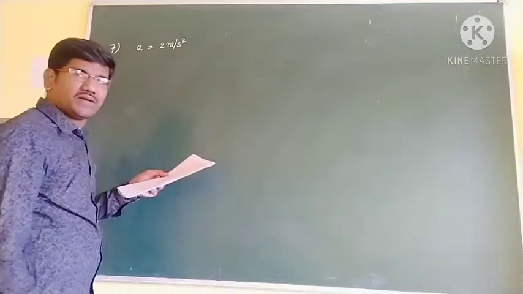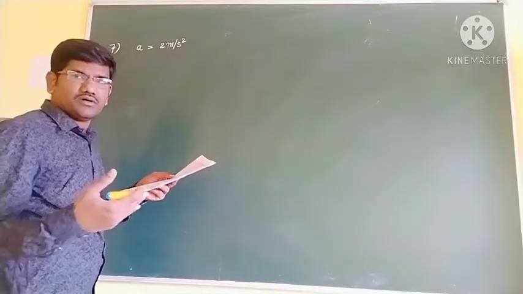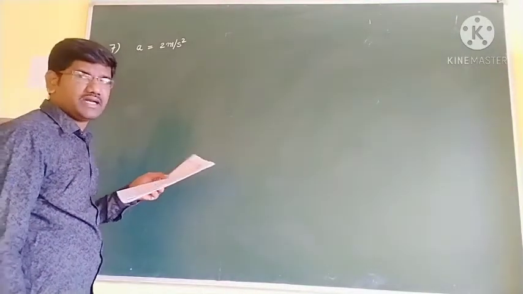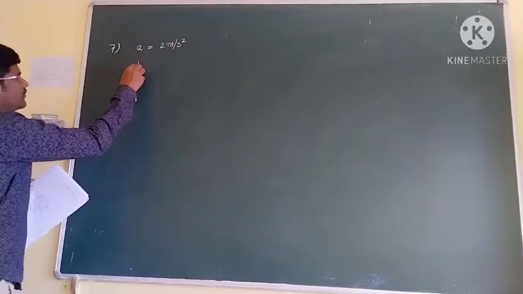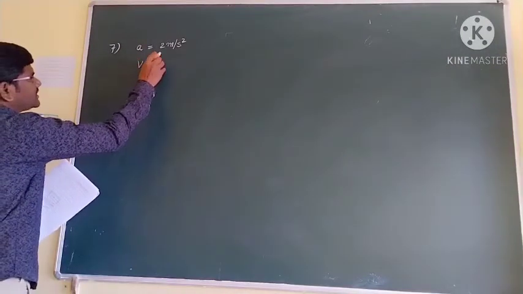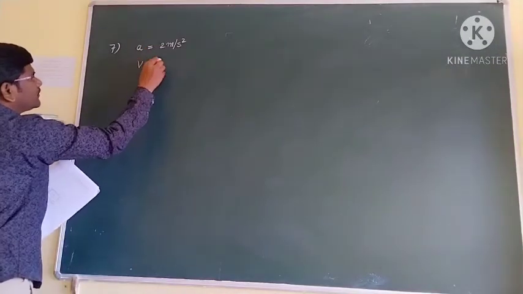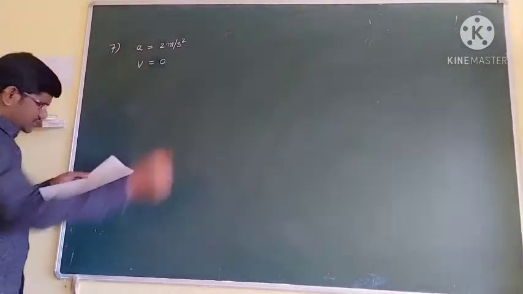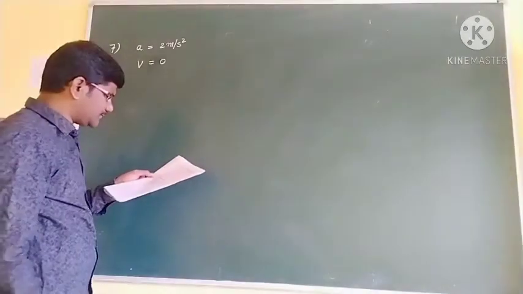Okay. After the application of brakes, the vehicle comes to rest. So they applied the brakes and finally the vehicle comes to rest. So take final velocity is equal to 0. Vehicle comes to rest means you must take final velocity 0.